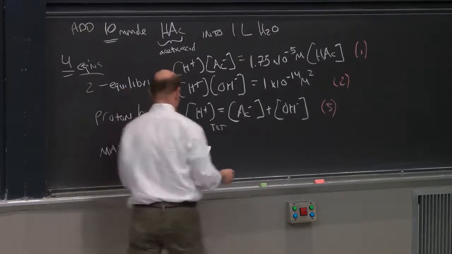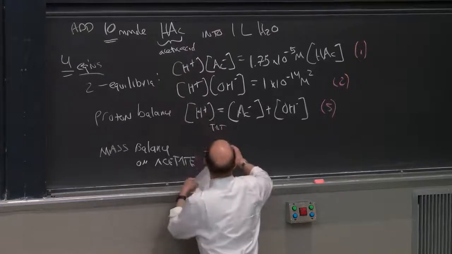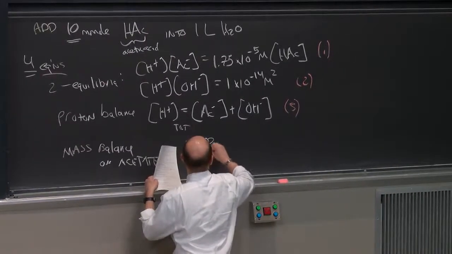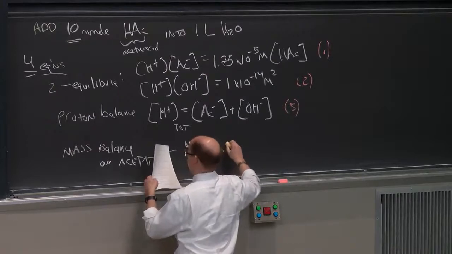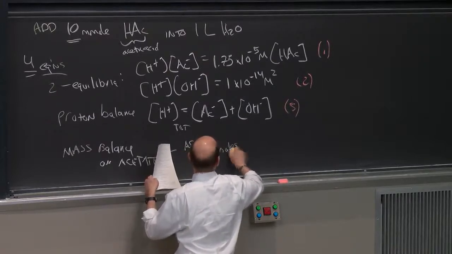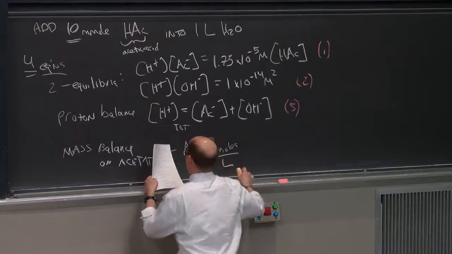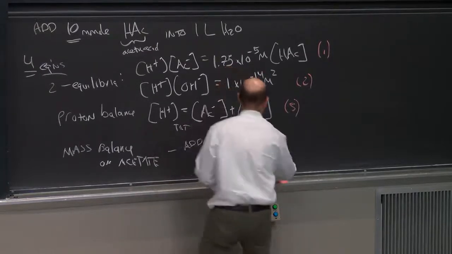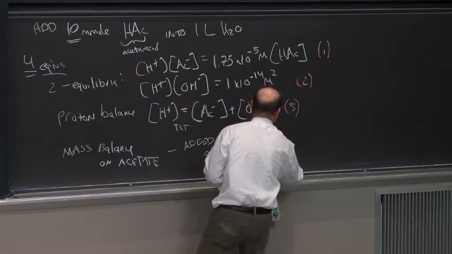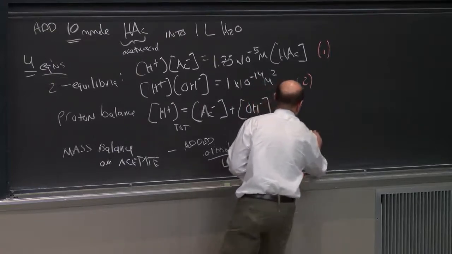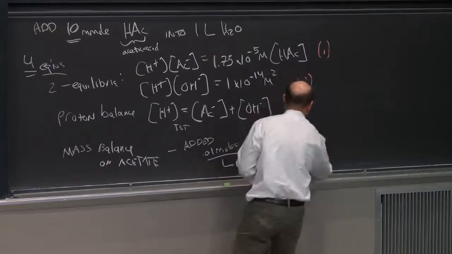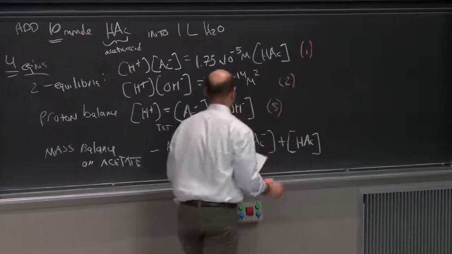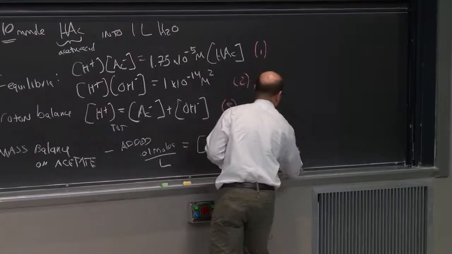You know that I added a total of 0.01 moles into a liter. And this has to equal, therefore, the concentration of acetate anion that I finally end up with, plus the concentration of acetic acid that hasn't dissociated. And we'll call this equation 4.